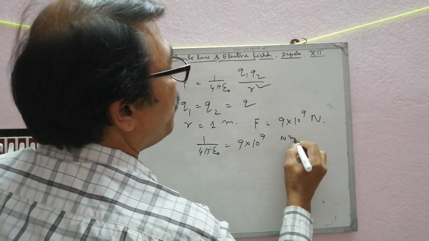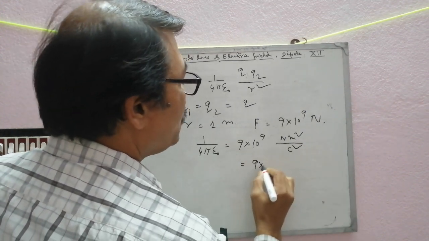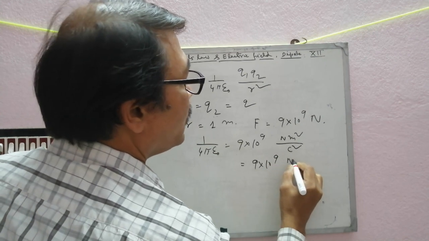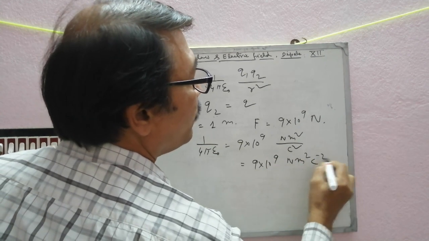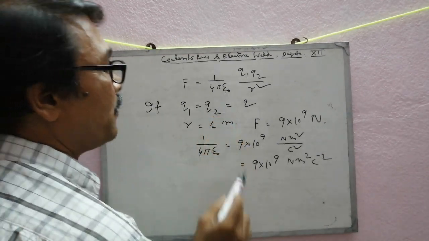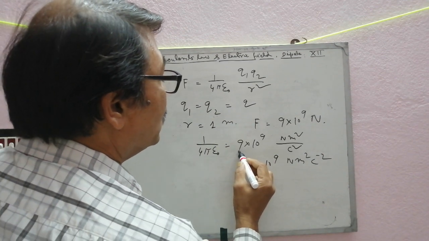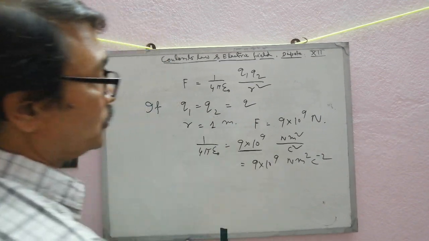Newton meter square by Coulomb square, that is 9 into 10 to the power 9 Newton meter square Coulomb to the power minus 2. That is just the reverse unit of epsilon naught. So value of 1 by 4 pi epsilon is a very important value.